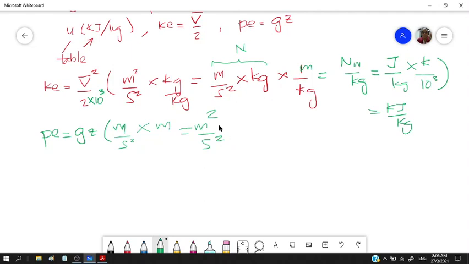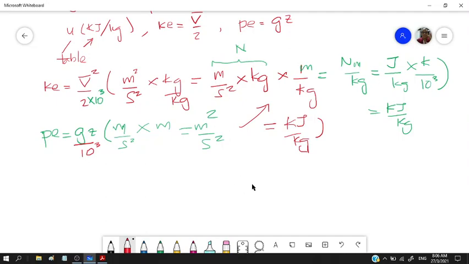By using the same method that we used for the KE, we must divide this joule over kilogram by 1000 to convert it to kilojoule over kilogram. So this is called the unit homogeneity.